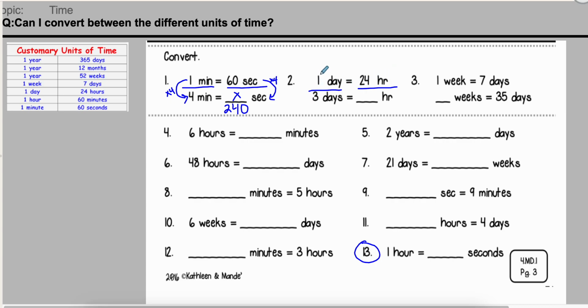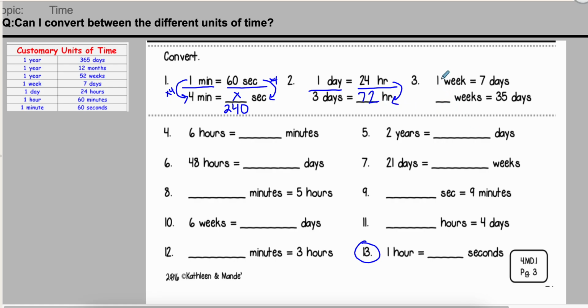I could say that to go from 1 day to 24 hours, I had to multiply by 24, so I could do the same thing here. Or I could just say, to go from 1 to 3, I had to multiply by 3. For 1 day, it was 24 hours. So if I make it 3 times more, I need to do the same thing here. And when I take this times 3, I'm going to get 72 hours.